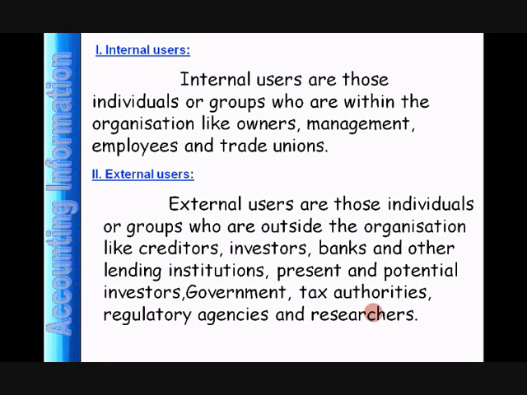The researchers do the information collection, market research, all those things, to provide it for the sales department. So this information needs to be provided to such researchers so that they can take the company forward. So these are called external users.